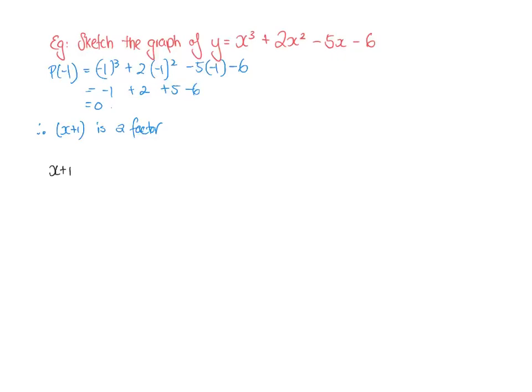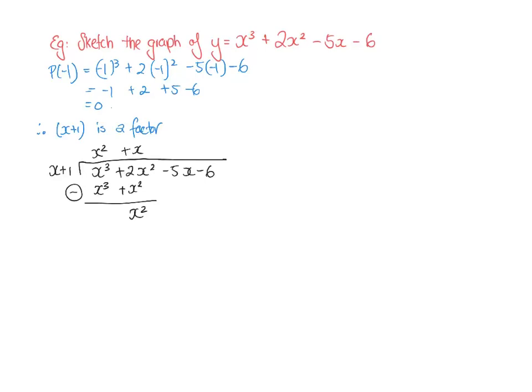So x plus 1 into the original cubic polynomial, and off we go. x cubed, x squared times 1 is x squared. Then we subtract, so that becomes x squared. x into x squared goes x times.